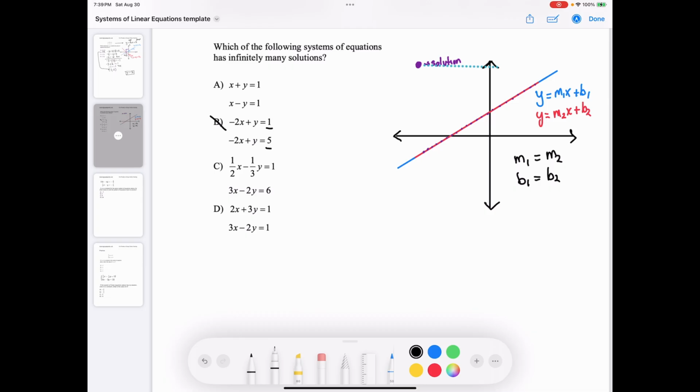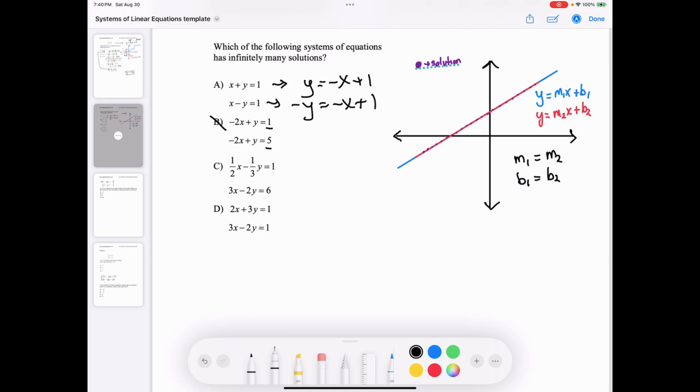Answer A may not be as obvious as B, but I can already tell that that's not the right answer, because if you isolate y from both equations, the first one is y is equal to, the x is positive, so I'm going to subtract x on both sides, leaving me with negative x plus 1. Now, on the second one, I'm going to, again, subtract x on both sides. So I'm going to have negative y is equal to negative x plus 1.